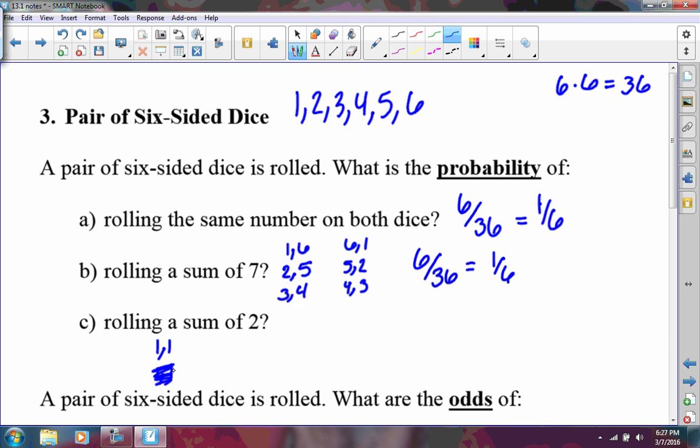So that's the tricky part with statistics, is that if you roll the 1 and then the other one is a 1, that is the only way that that combo can happen. There's only one chance that that will happen. So there's 1 out of 36. Okay? So if the first die is a 1 and the second die is a 1, that's a 1-1 combo. There's only one way that that can happen.